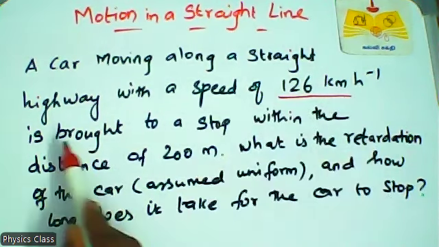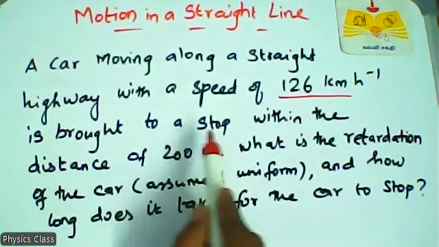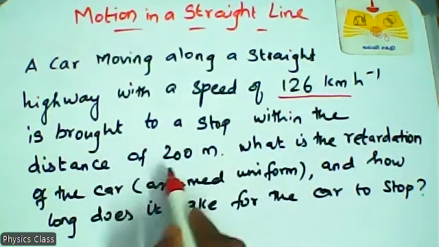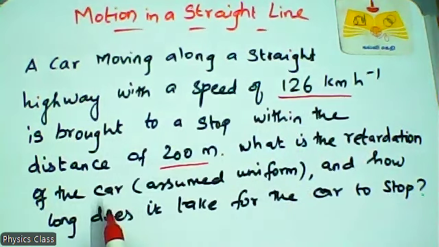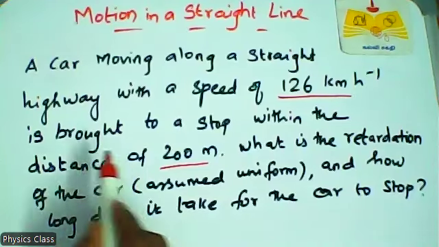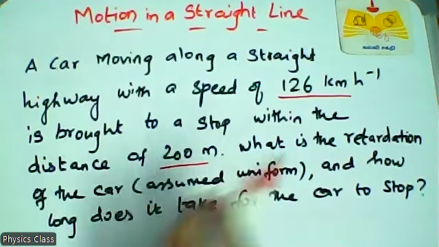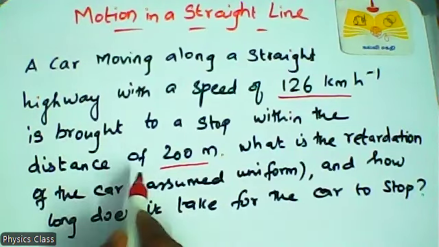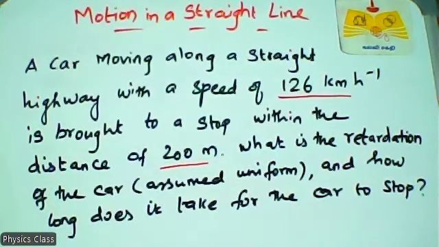He is brought to a stop within the distance of 200 meter. Suppose one car is moving, we apply the brake, that car will stop, but not suddenly. It will go some distance. Okay, that distance is 200 meter.